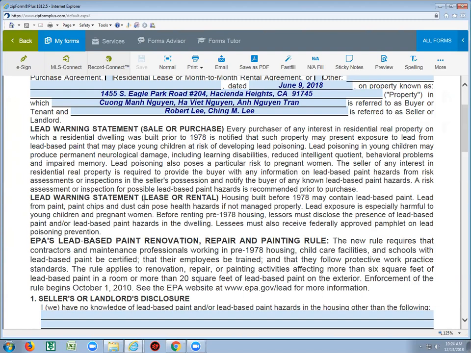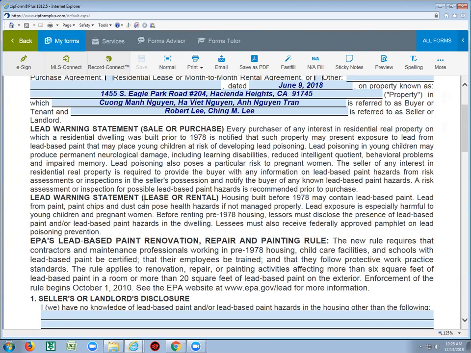But from the landlord's or seller's point of view, you have to let the buyer or tenant sign this to protect themselves, seller and landlord. Because without signing this form, who knows? If a premature baby comes out or any disability, and if the baby or their kids have neurological problems, oh, we're in big trouble.